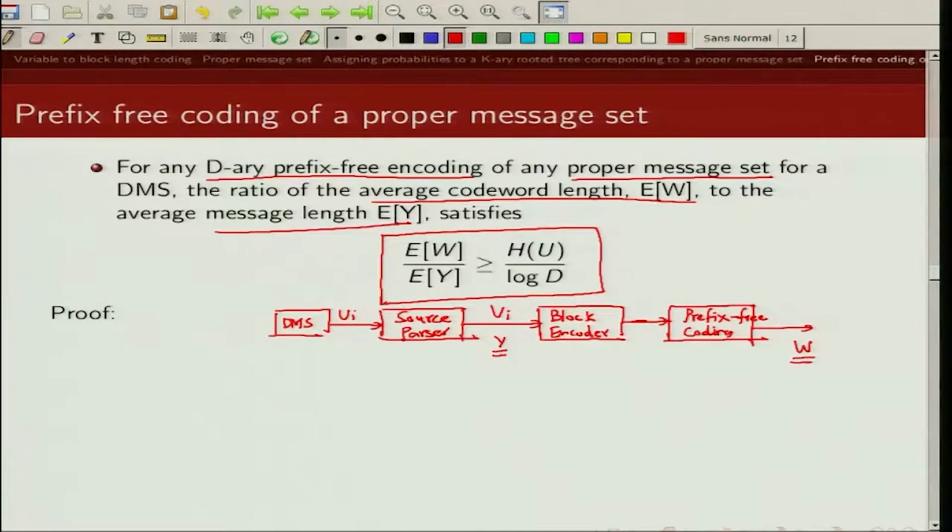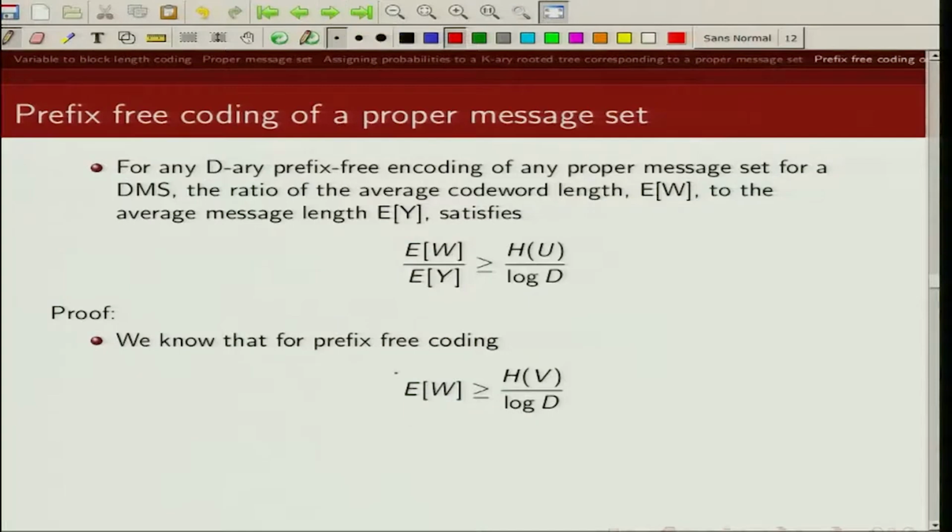So what I am saying is, if we do a prefix free coding of a proper message set, then the expected value of the output code word length divided by the expected value of the input message length, which is basically my proper message set input to this encoder, is lower bounded by entropy. We know for a prefix free coding, the expected value of W, which is the output code word length, is lower bounded by the entropy of the source.